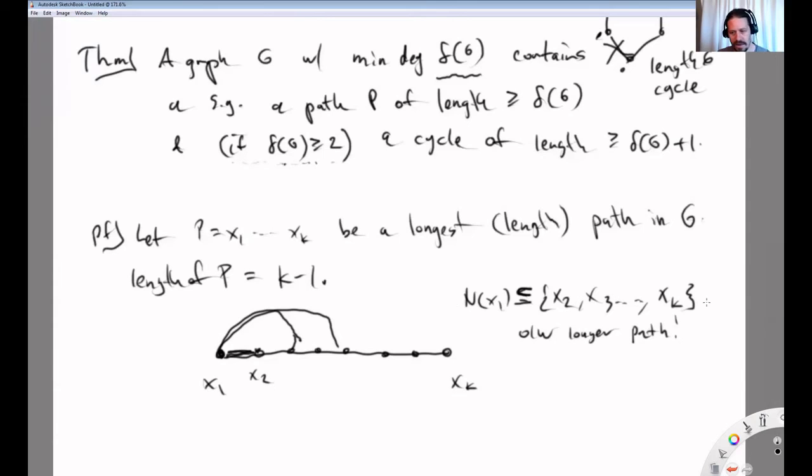Okay, but this can give me some information, because the degree of x1 is at least the minimum degree, right? That's the definition of minimum degree. Every vertex has degree at least that. The degree of x1 is the same as the number of vertices in the neighborhood of x1.